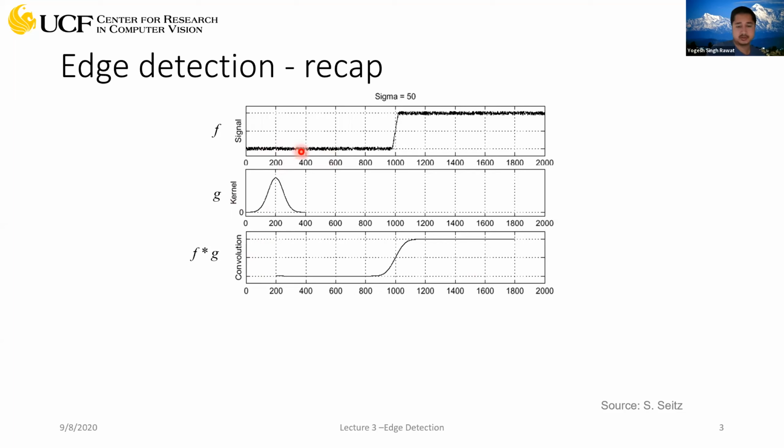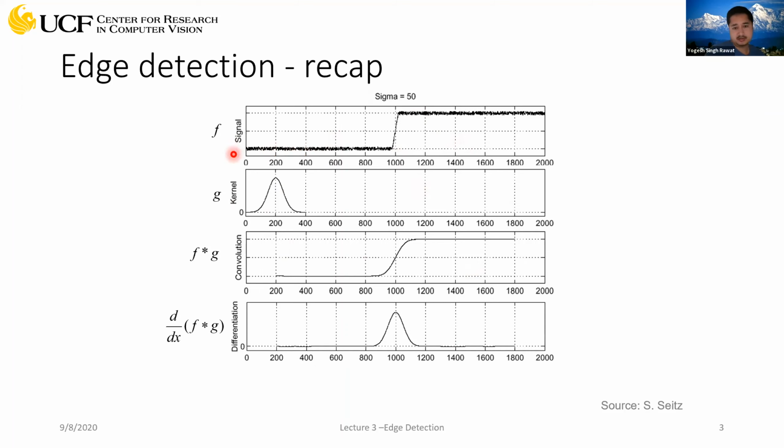This will smooth out the noise present in the signal. Then if we compute the first order derivative of that filtered signal, we can get the edges, which can be extracted by extracting the peaks in the signal. These peaks could be positive as well as negative.